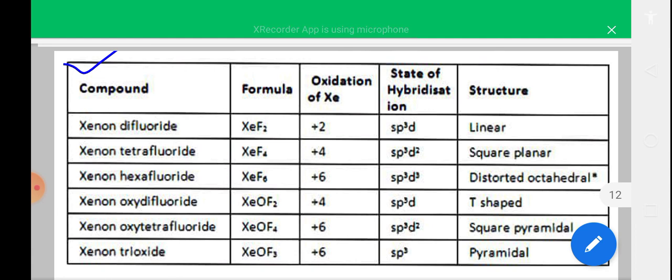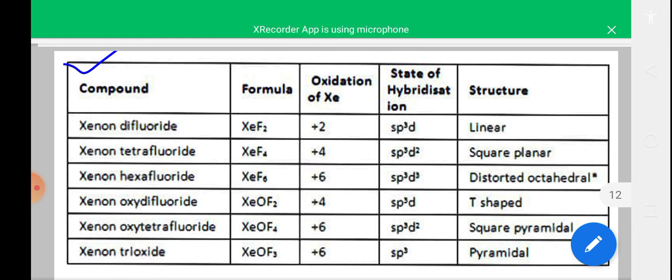In XeF4, the oxidation state of xenon is +4, the hybridization is sp3d2 and the structure is square planar. In XeF6, the oxidation state of xenon is +6, the hybridization is sp3d3 and the shape is distorted octahedral.